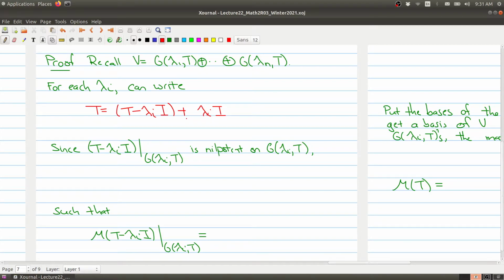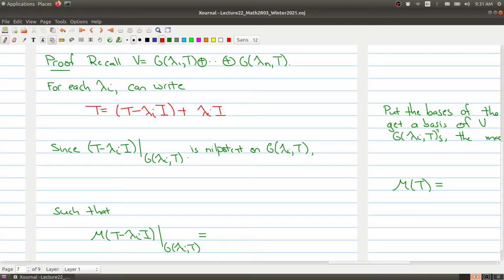Now we start using all the pieces that we've done in today's lecture. This first part of the operator, when we look at it on the space G(lambda_i, T), is nilpotent on that particular subspace.